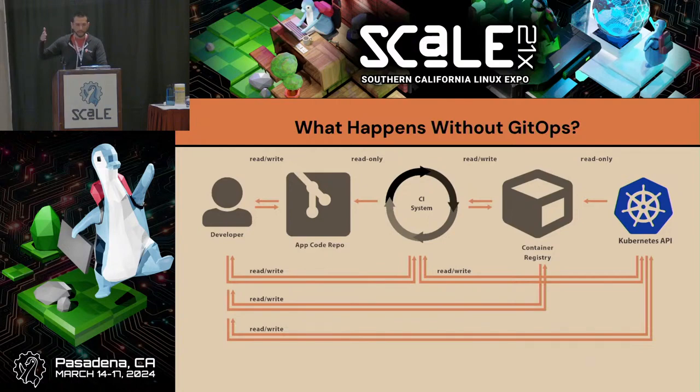Whether it's a developer directly, or a developer writing something in a repo using GitHub Actions, changing stuff in Kubernetes, a container registry, a webhook to update something, your CI system, or me coming in and running kubectl, I can change the actual state of the system, what we call an out-of-band change, whether it's wanted or not, needed or not, whether it's a break glass scenario, doesn't matter.